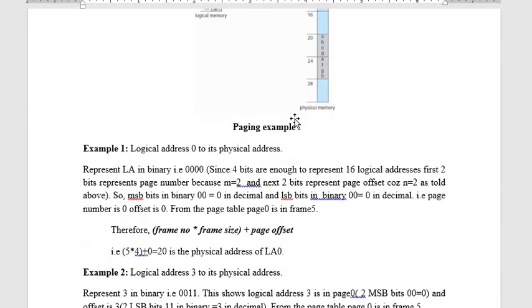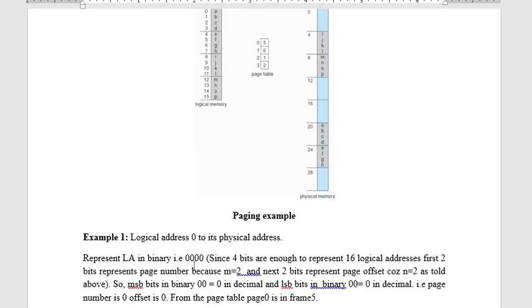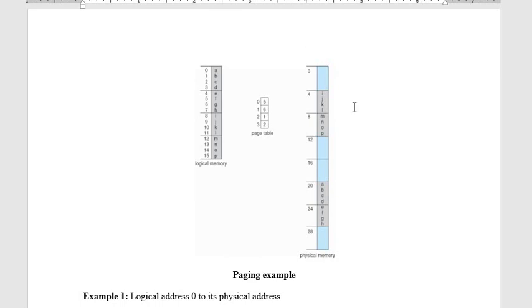So now let us have an example for translation. Let us assume there is a logical address 0 that has to be converted to the physical address. From the picture we could easily come to know that, because we had 16 addresses, the 16 addresses have been divided into 4 pages. Each page should have 4 logical addresses.